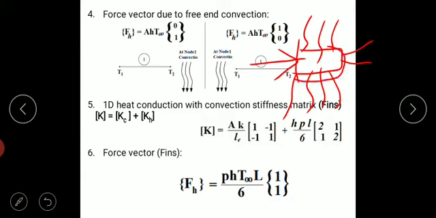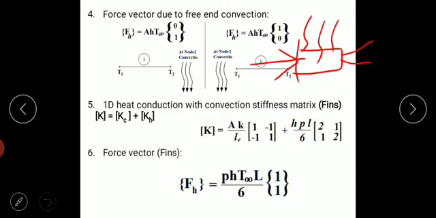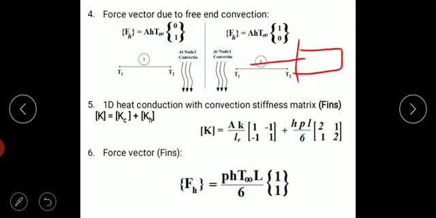For the total area I have to consider the total perimeter of the particular thing with length. The heat transfer is going to take place, and that is the reason we don't have a node that is 0; if I consider every element in the fin, all the elements have the values. That is why H is equal to P L by 6 times 2 1 1 2. So this is fixed for the fin.